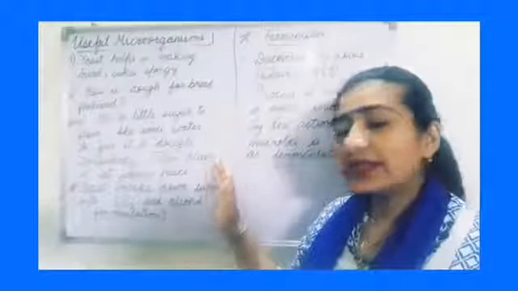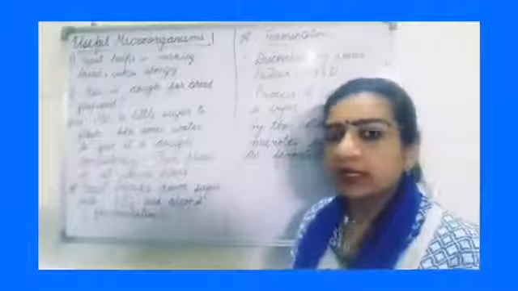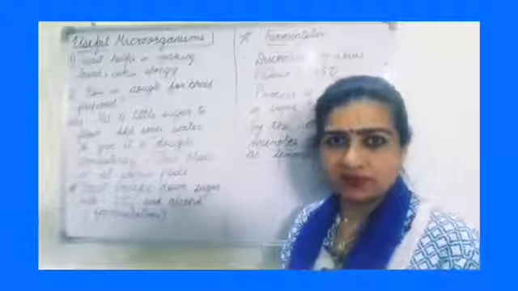Then this is placed in a warm place where the yeast breaks down the sugar into carbon dioxide and alcohol. This carbon dioxide released during the process of fermentation makes the dough spongy and soft.